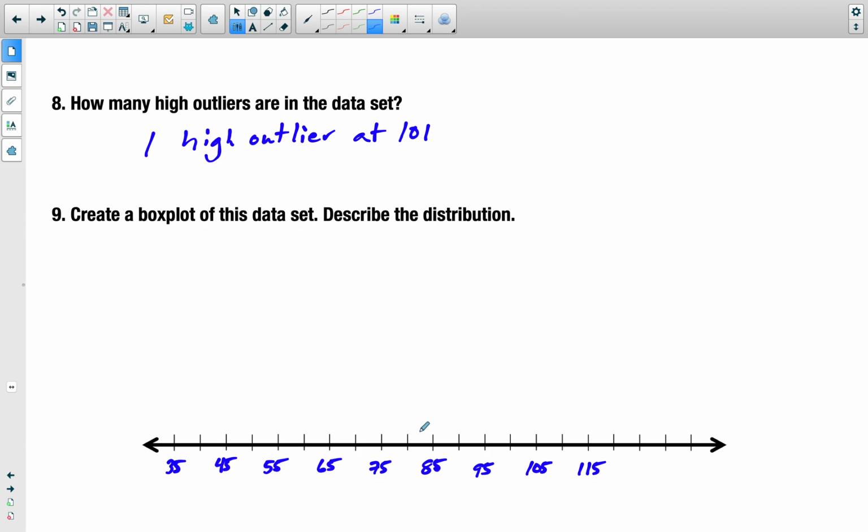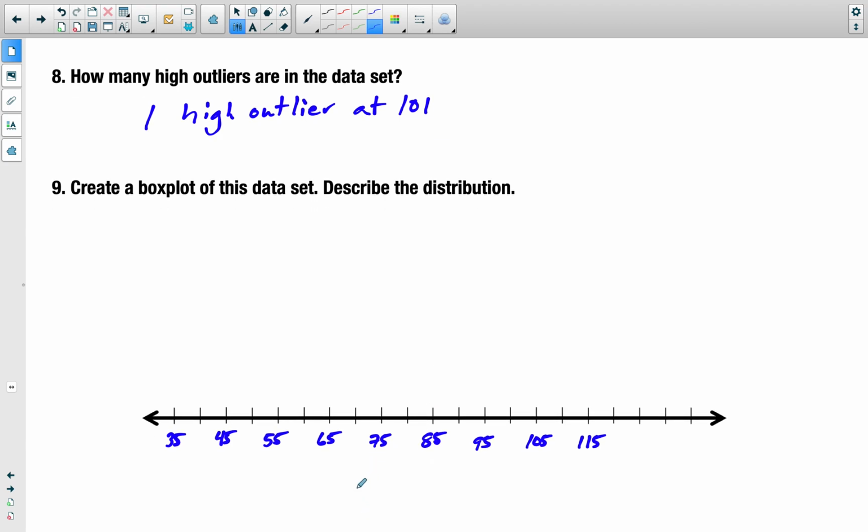And you have to label your, it's just generic, so I'm just going to call it data set. All right, I'm going to use a different color. I'm going to do my outliers in red. So outliers, when you graphically display them, they're dots, stars, or asterisks, and they're not technically part of the box and whiskers. So we have one at 41.